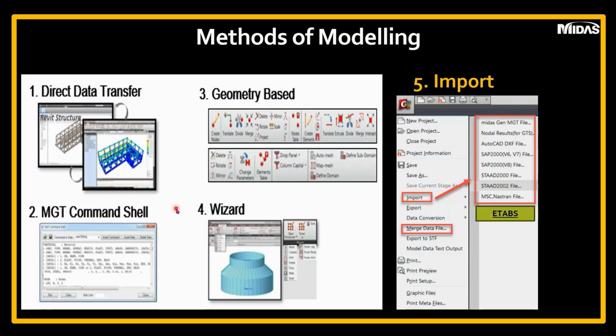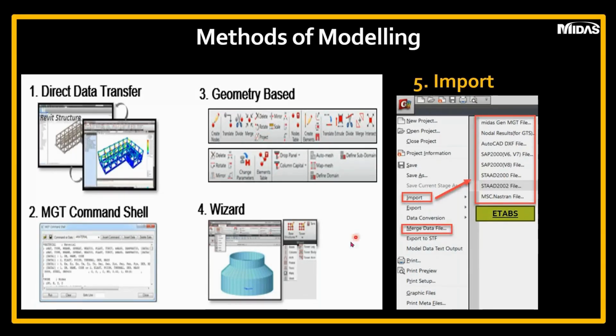Here you have a wide variety of options for easy modeling. The first one is direct data transfer from any BIM software like Revit or Tekla. The second one is the text editor format, where we can enter the data in text format, generate the models and make modifications. And the third one is the common type of modeling which is available in all software solutions, that is using nodes and elements.